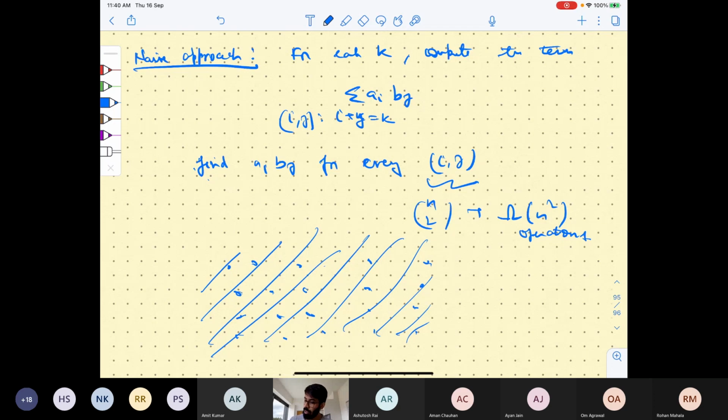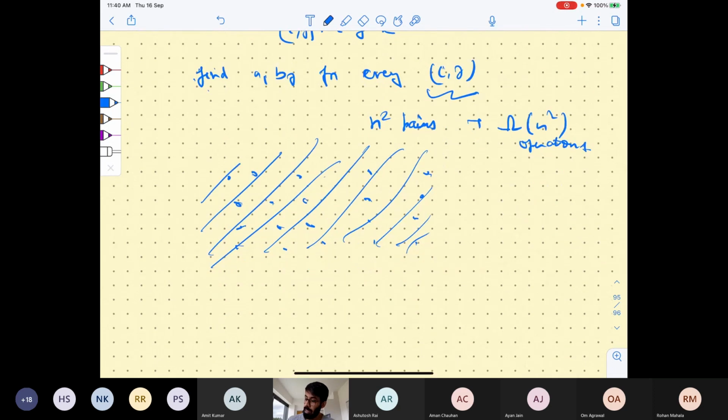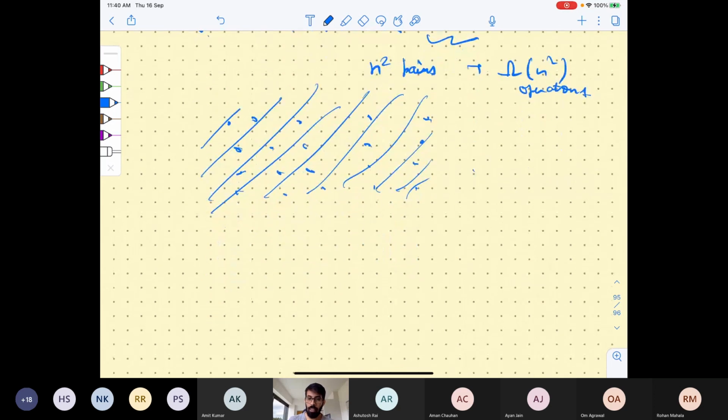Okay, good. Now it's not actually choose 2, it's actually ordered pairs, so it is n square. And then you sum them up to get all the k coordinates, right? So it takes omega n square arithmetic operations.